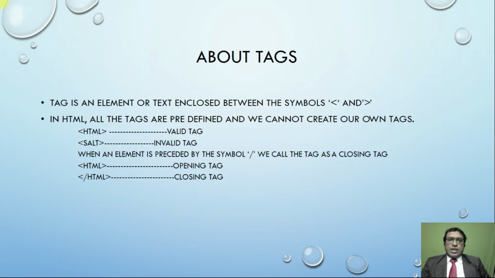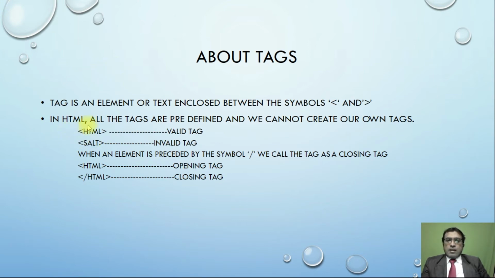Now let us see about tags. What is a tag? A tag is an element or text enclosed between the symbols less than and greater than. So anything between these is called a tag. But in HTML, all the tags are predefined and we cannot create our own tags.